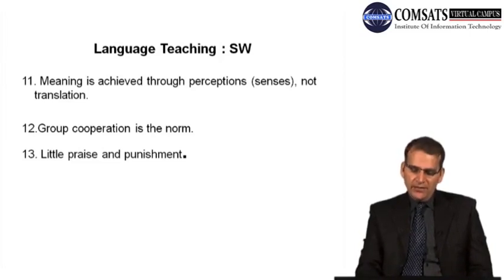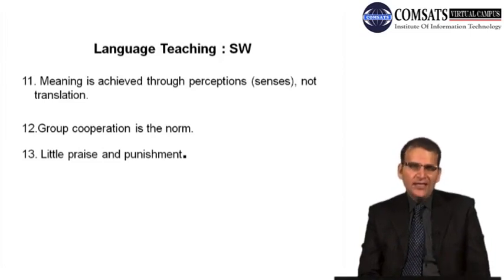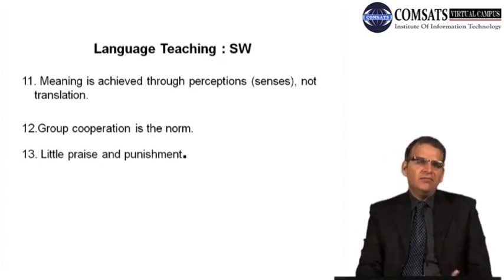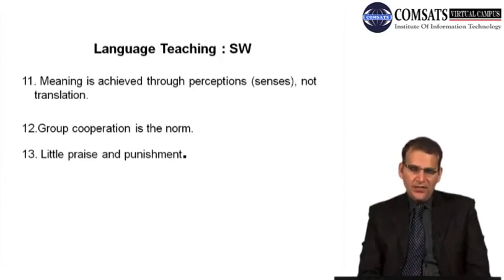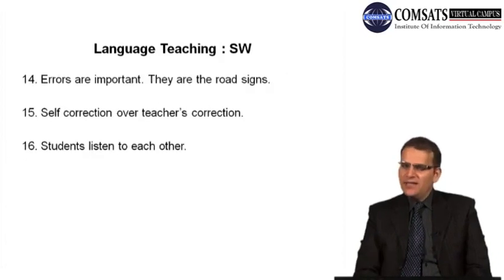And little praise and punishment, right? We won't see much praise or much punishment. Fine, clear? So dear students, as far as praise is concerned, little praise means almost no praise, and similarly no punishment.